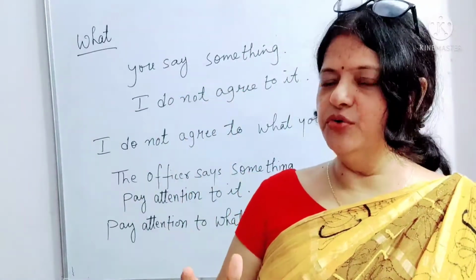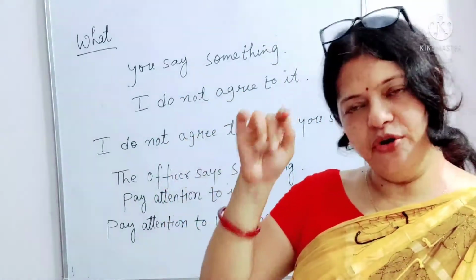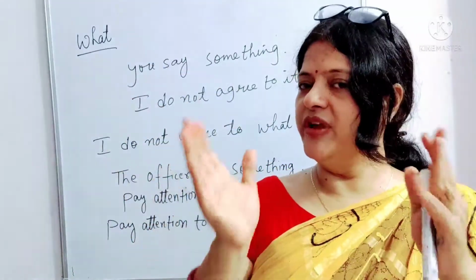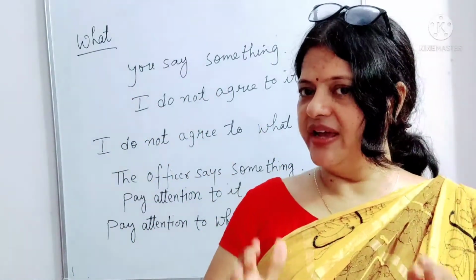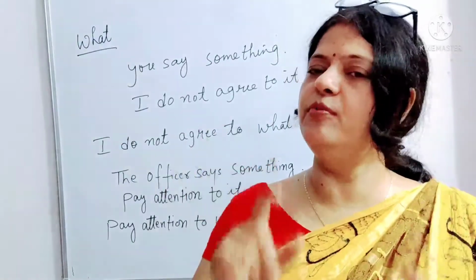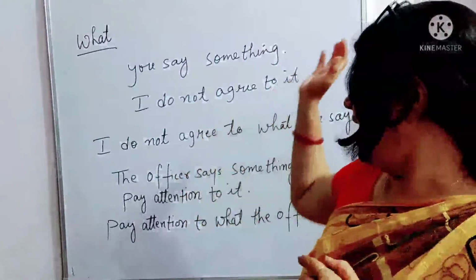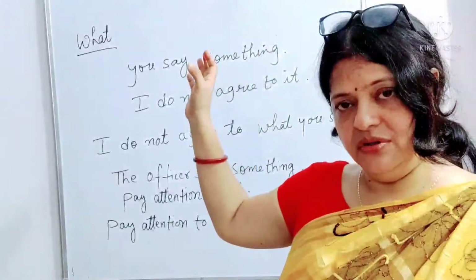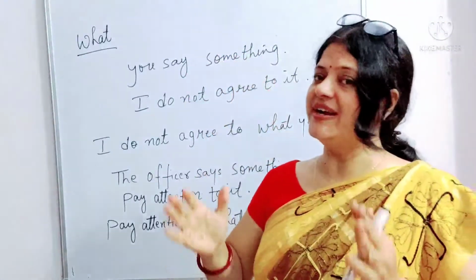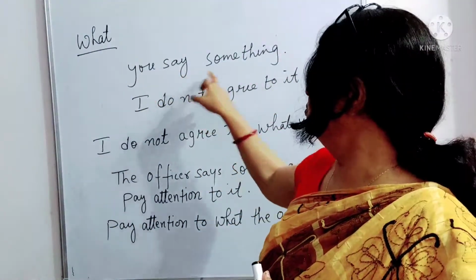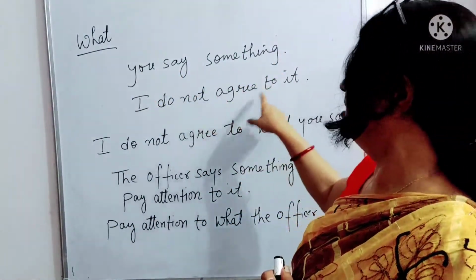So after removing it from on it, in it, to it, we will remove only it, not the preposition. We'll add another sentence which contains something. So it will become like this: you say something, I do not agree to it.